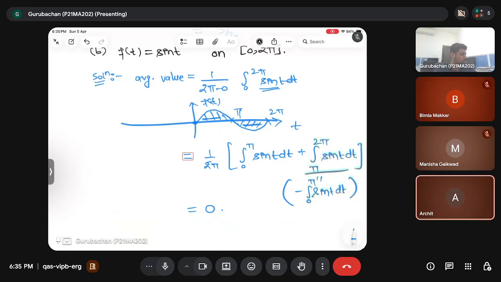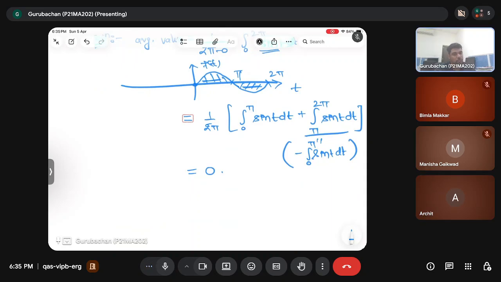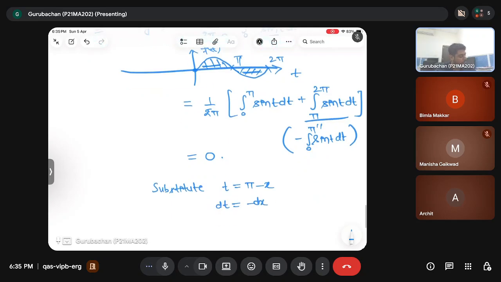You want to convert the lower limit to 0 and upper limit to pi, so you have to substitute x equal to pi minus t.